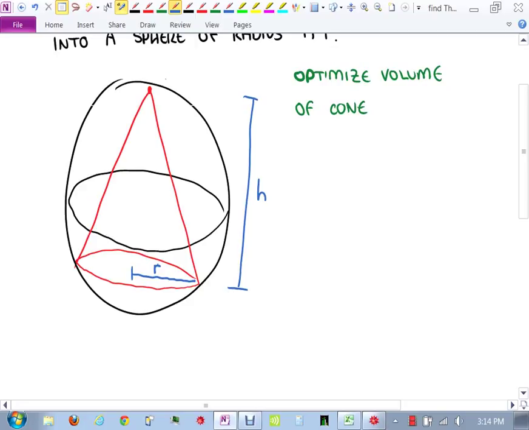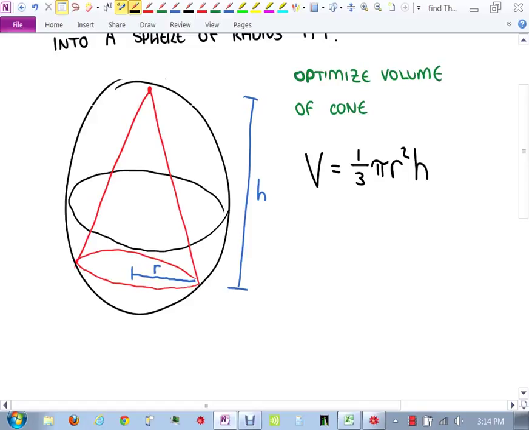All right. What is the volume of a cone? Because that's what we're trying to optimize. Volume of a cone is 1/3 pi r squared h.